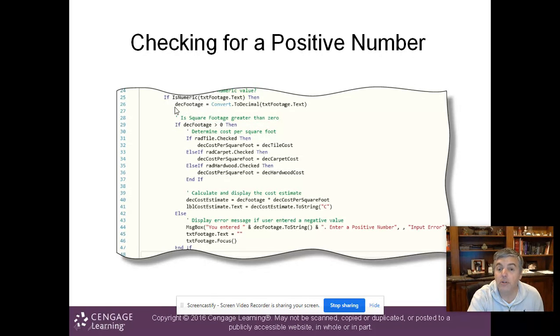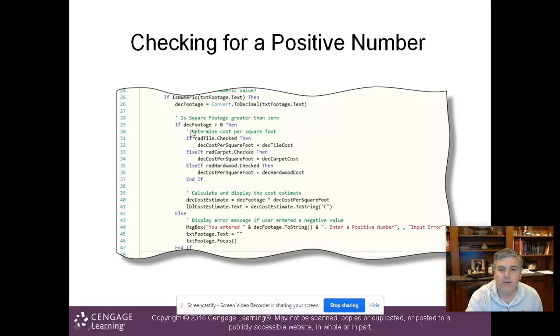We can just declare our variable as a decimal, okay? Because we know this value is numeric. It might be an integer, but they could be entering it as a decimal. They're not always buying 100 feet, they might be buying 100.5 feet. So we declare our variable here as decimal, converted to decimal.